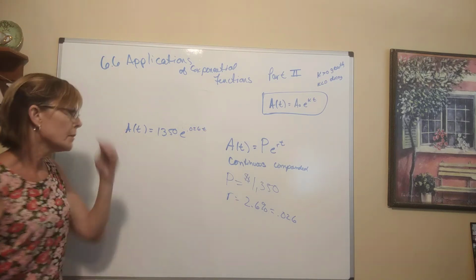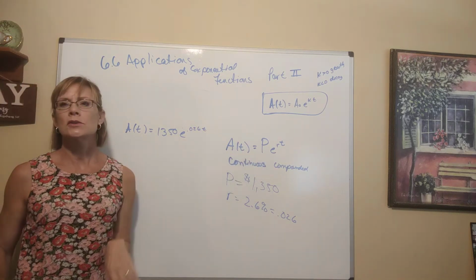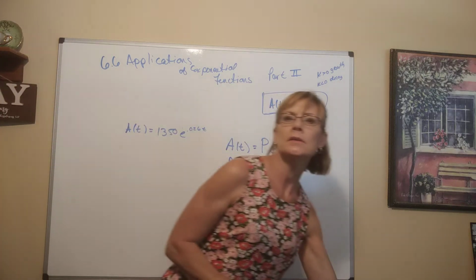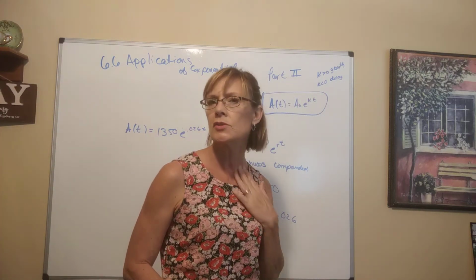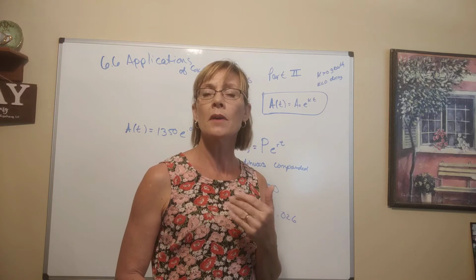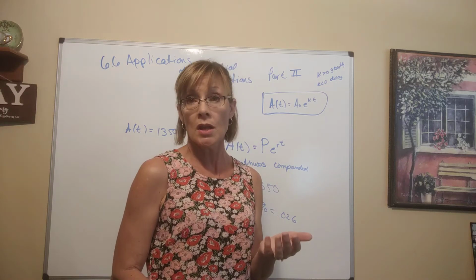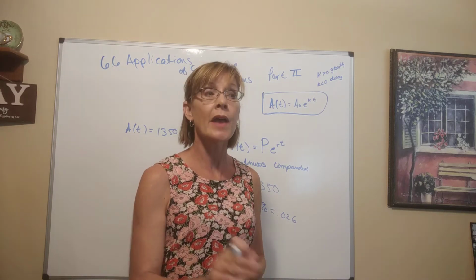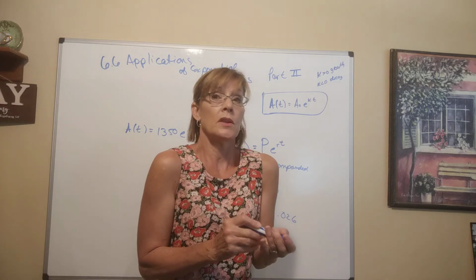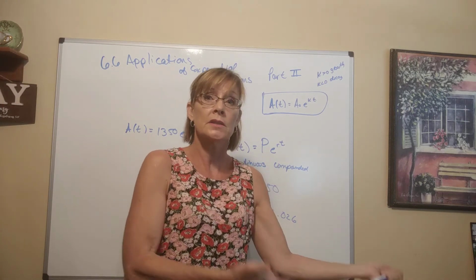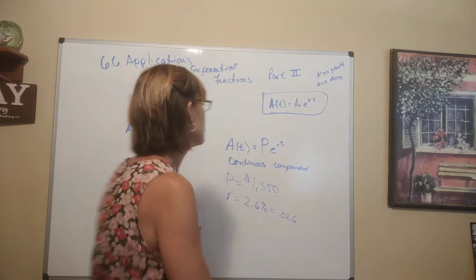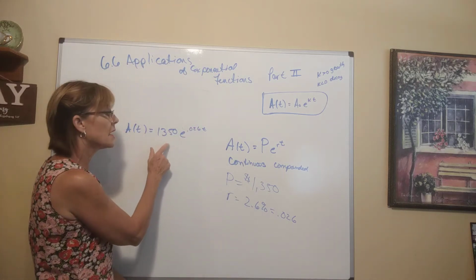Now, if we did not even know the initial amount, they could just say, how long would it take for an investment to triple at this rate, compounded continuously, and you would not even know the initial amount, similar to half-life. You don't even have to know the initial amount to figure out how long it takes to decay to half that amount. You could just simply say 3 times A sub 0.